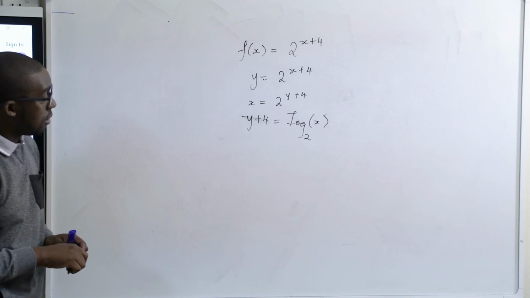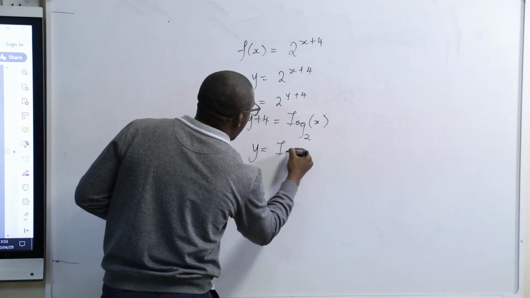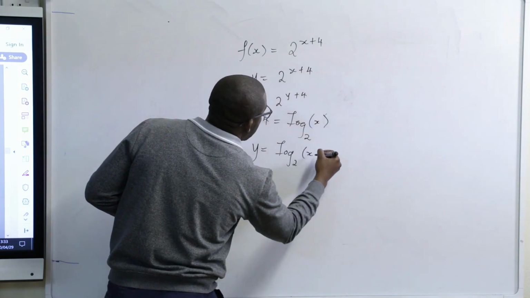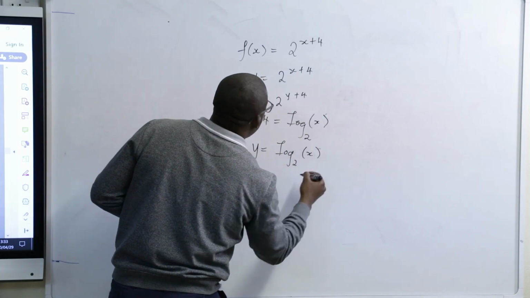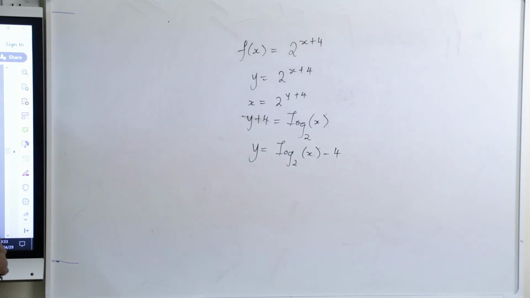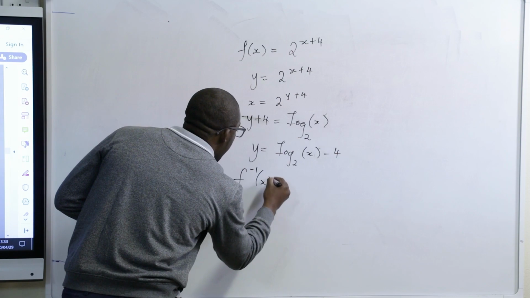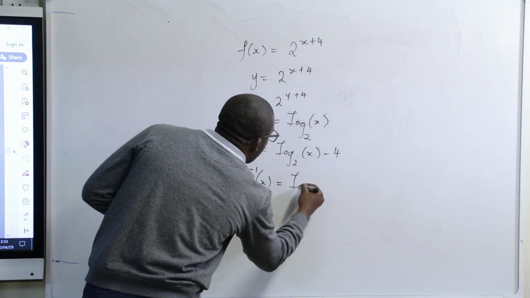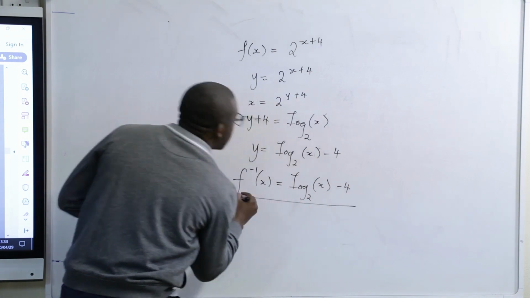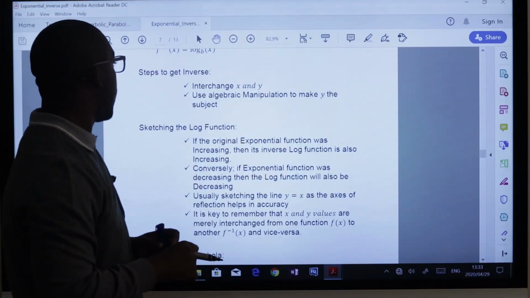X was the number. So that means y is now equal to log to the base of 2 of x, x in brackets on its own, minus 4. But to simplify it, we then say f to the minus 1 of x is equal to log to the base of 2 of x in brackets minus 4. That is the inverse. That's how you get the inverse of that.